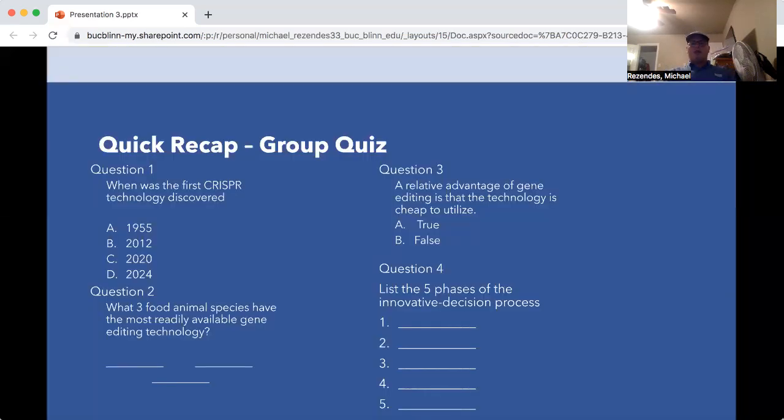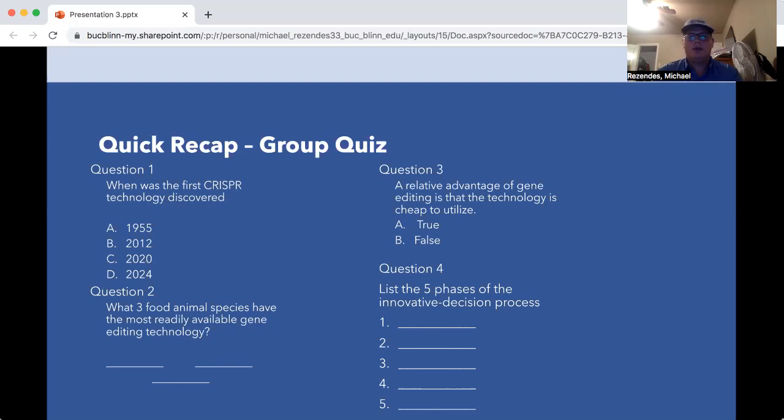From there, we'll get into a quick recap and a group quiz, just to make sure everybody was following along. So, when was the first CRISPR technology discovered? It's a multiple choice question. Question number 2: what 3 food animal species have the most readily available gene editing technology? It's something we talked about a lot with the coelagen and whatnot.